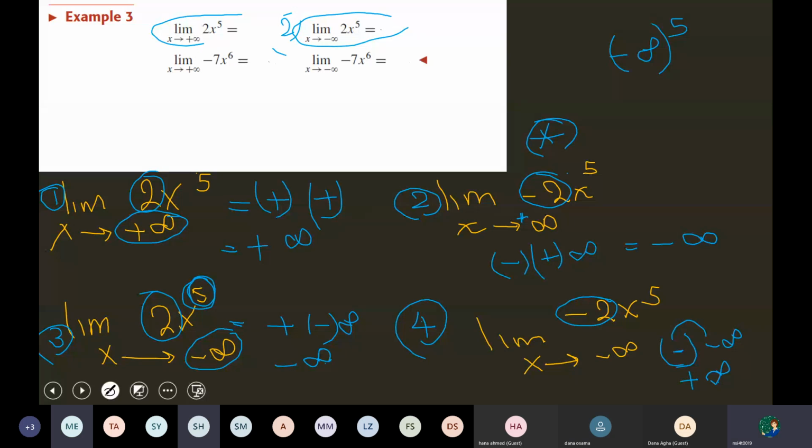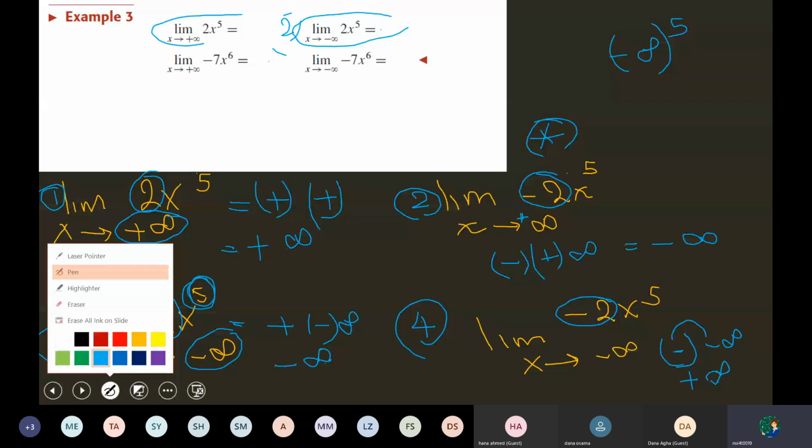Yes, teacher. Okay, now let's go to the negative 7x to the power 6.